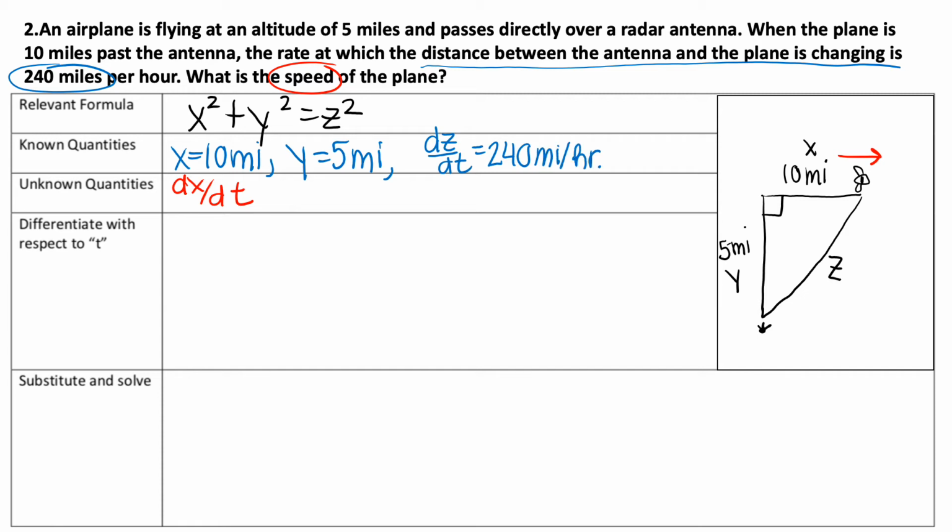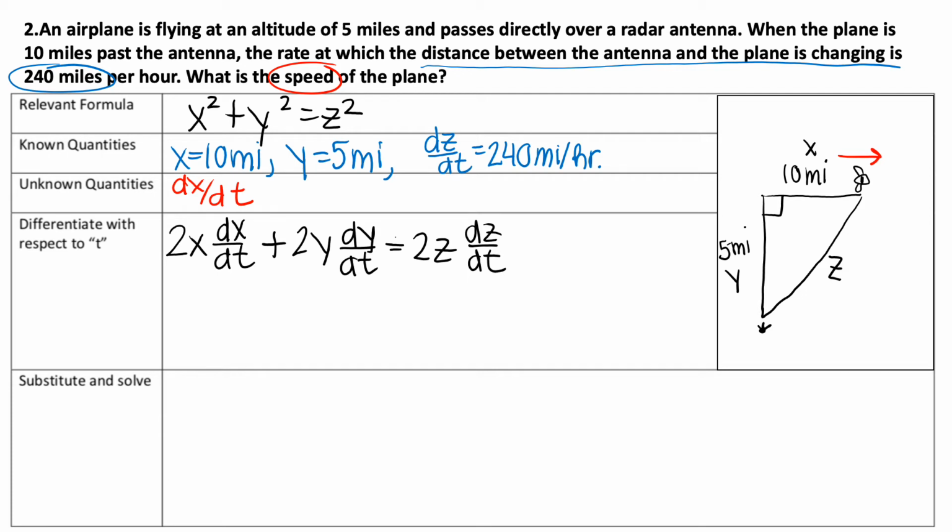When we go to differentiate our formula, again, just like we did before, we would differentiate with respect to t: 2x dx/dt plus 2y dy/dt equals 2z dz/dt.